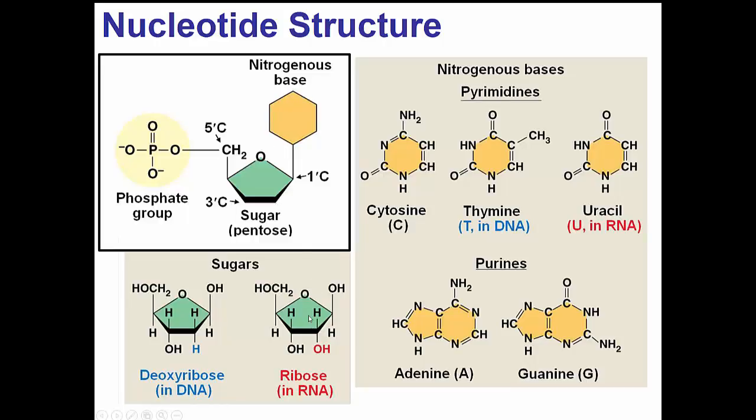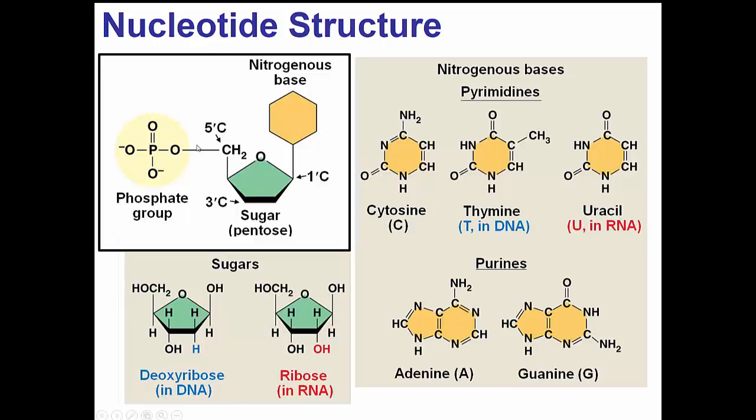The 2' carbon is where either the hydroxyl group in RNA or the hydrogen in DNA, in deoxyribose, is attached. The 3' carbon has a hydroxyl in both sugars here. And then we have the 4' carbon and the 5' carbon.